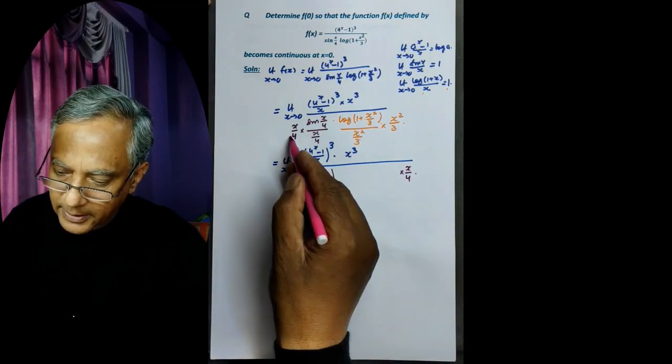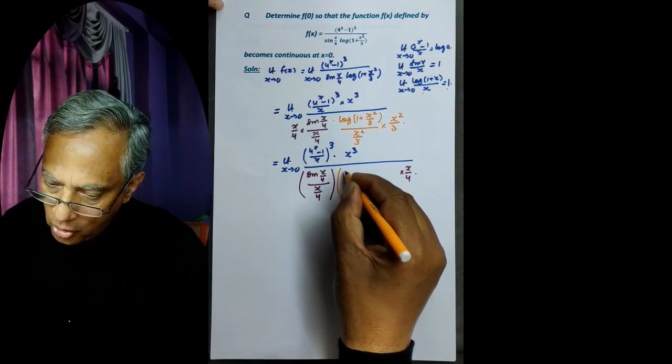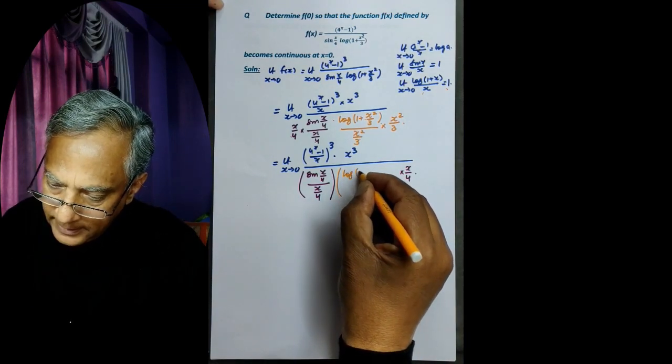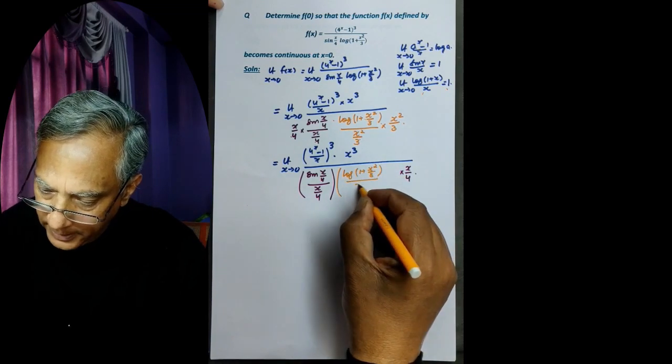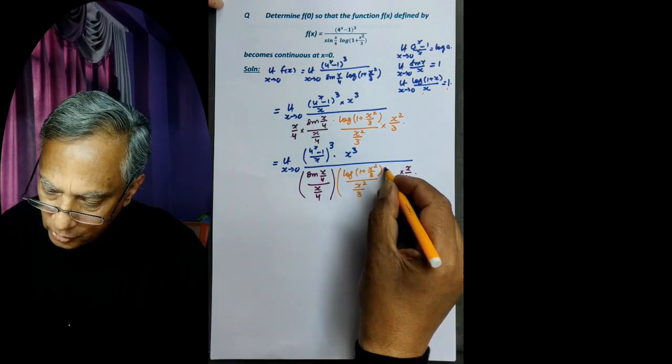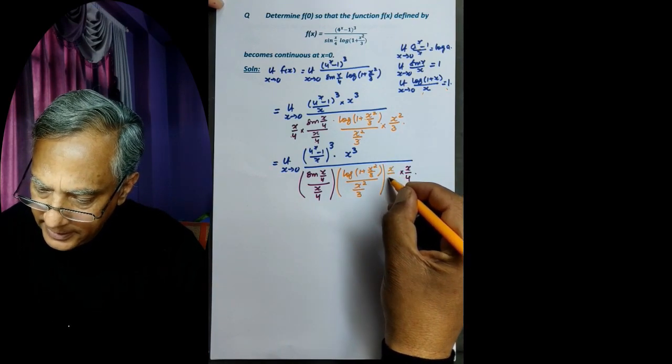This x by 4 I am writing here. This is log of 1 plus x square by 3 whole divided by x square by 3, and this x square by 3 I am writing here.